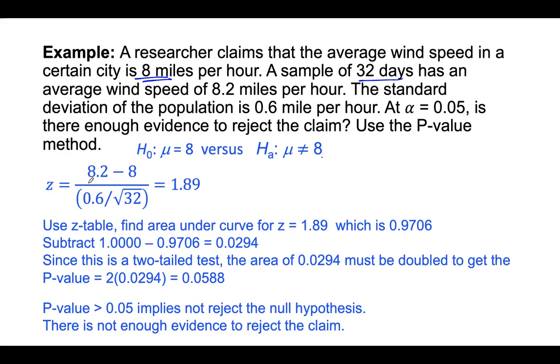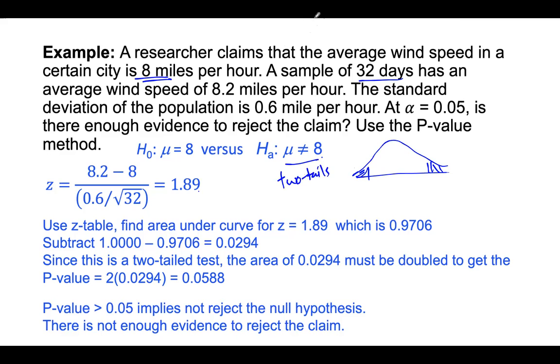So we can calculate our z is 1.89, and then we can find that area under the curve for 1.89. Remember, it's going to be 2 tails, right? Because of this. So it's 2 tails.